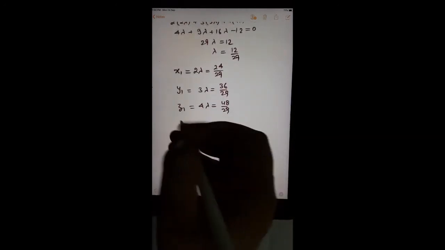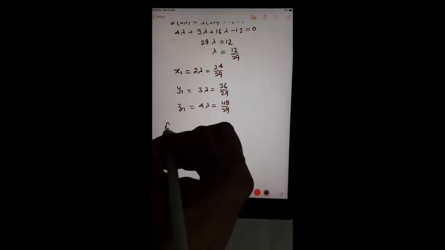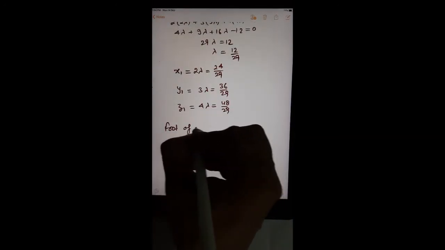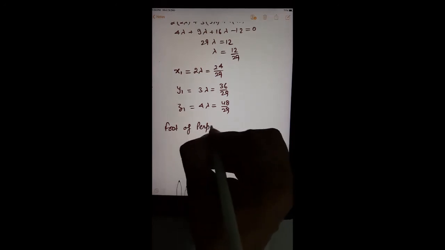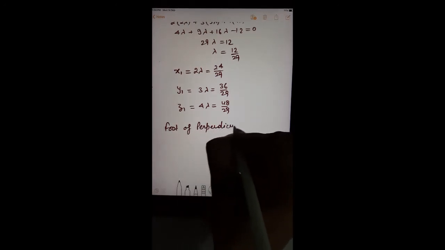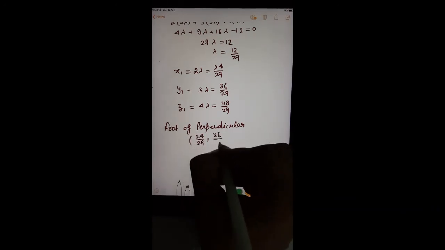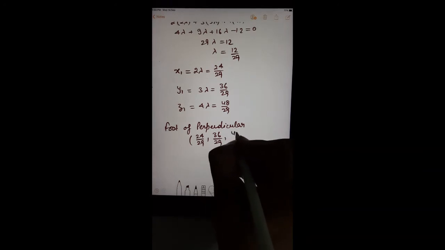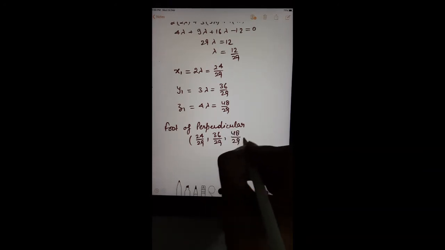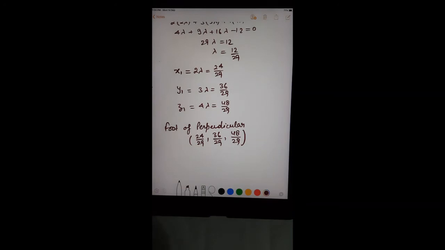So these are the foot of perpendicular, that is 24 upon 29, 36 upon 29 and 48 upon 29. This is the foot of perpendicular.